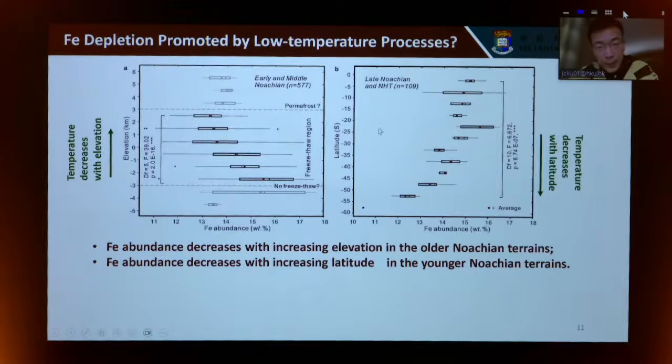But for the late Noachian and NHT, we can see the iron abundance is latitudinally related: higher latitude, less iron. So basically, we know higher latitude or higher elevation has lower temperature, but their iron abundance is pretty low under such lower temperature conditions.